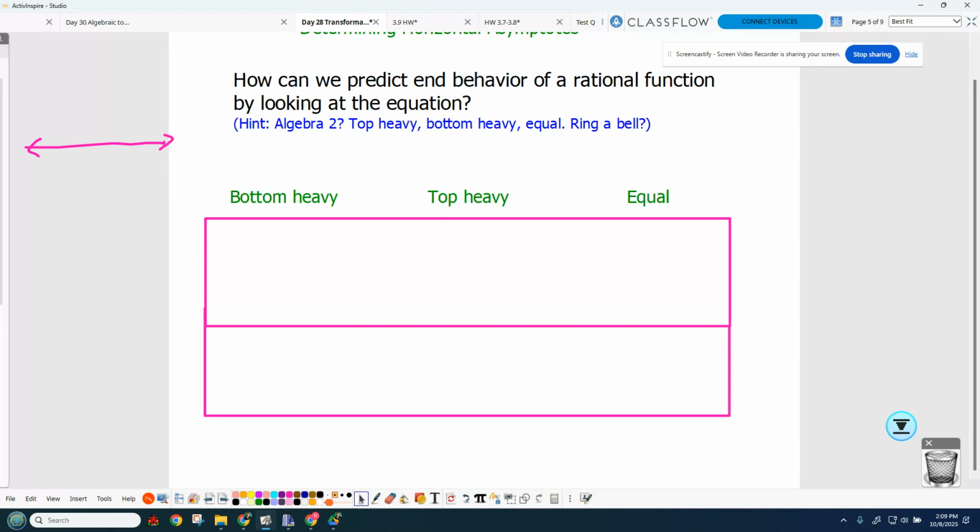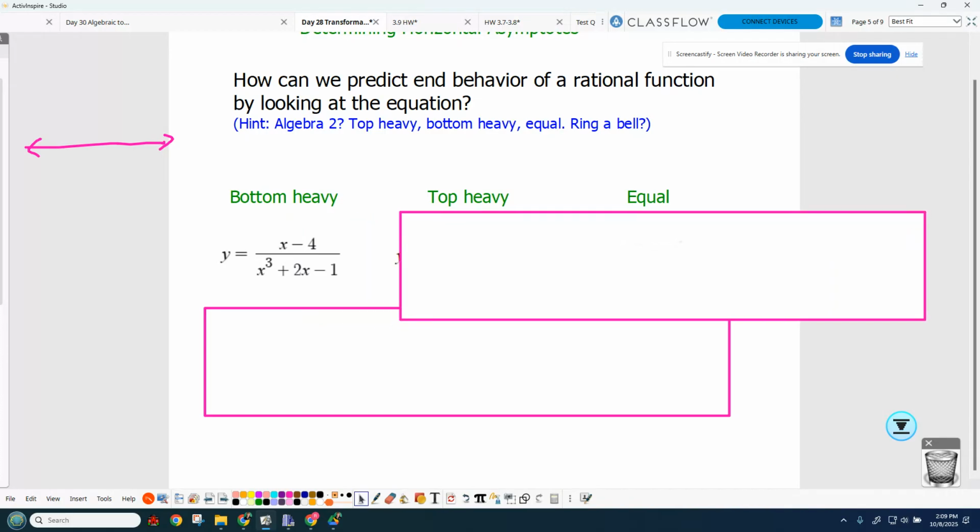There's 3 kinds of functions you need to work with to figure out what kind of horizontal asymptotes it's got. So one kind of function is bottom heavy. Can you copy the function down and I will explain what I mean by bottom heavy.